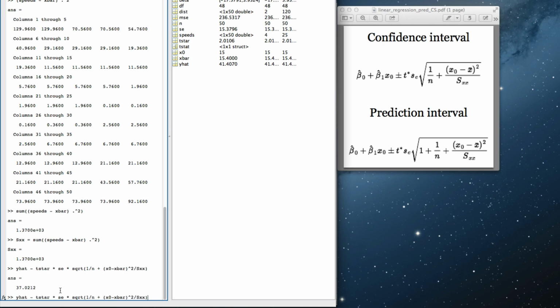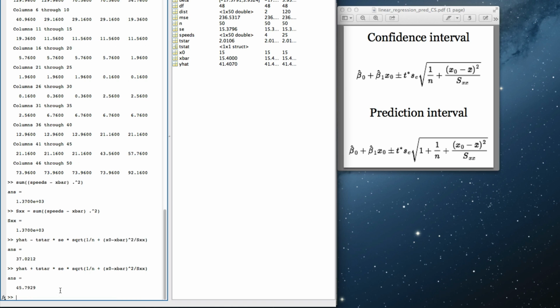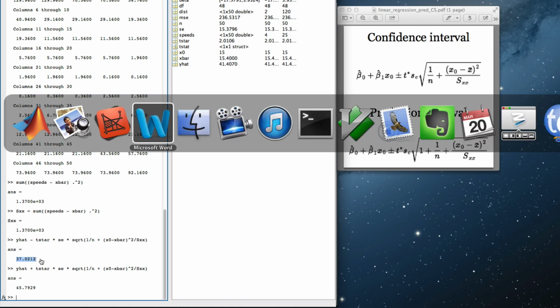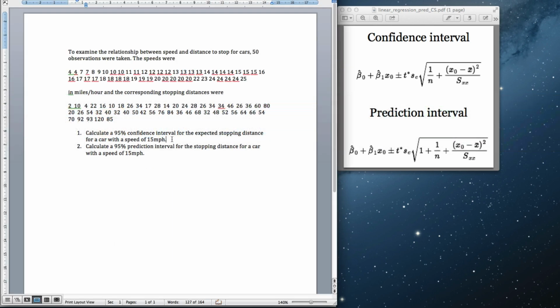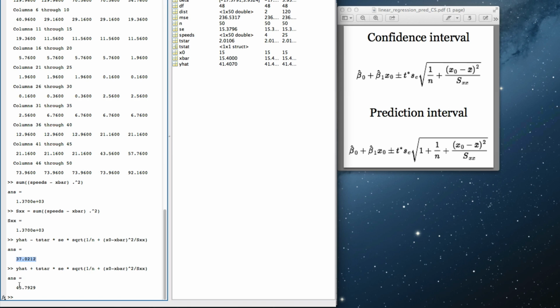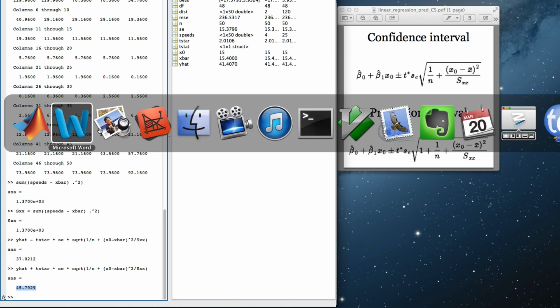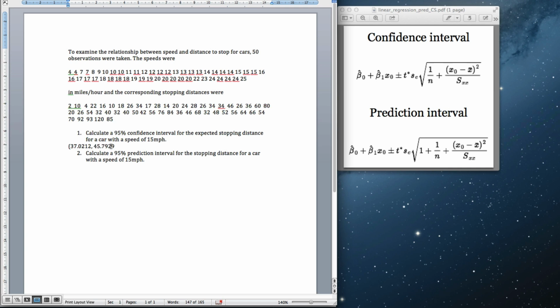So there's my left point, here's my right point. Copy that. So my left point and my right point.